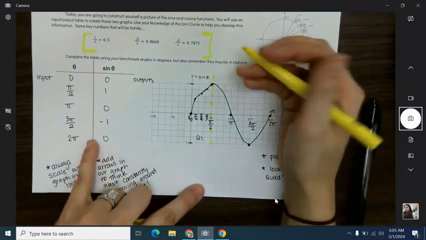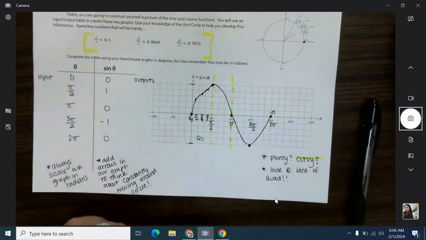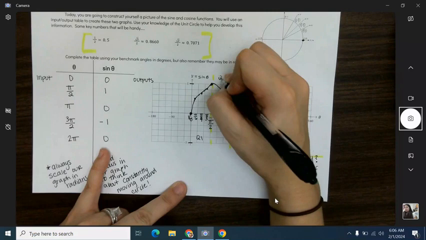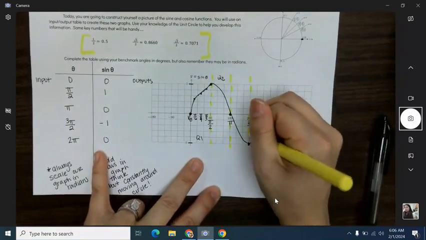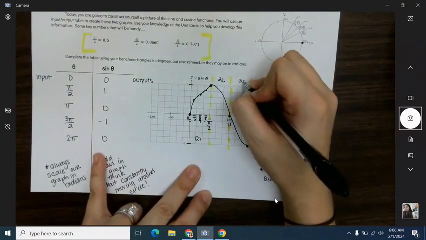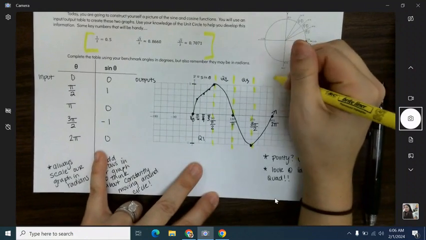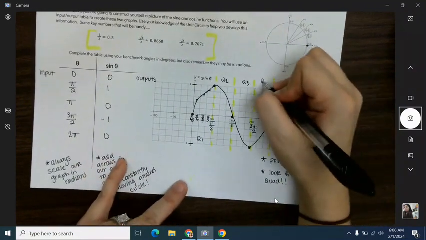And then here at pi, all of this information looks like quadrant 2. And then here at 3 pi over 2, all of that information comes from quadrant 3. And then here, when we get to 2 pi, all of this information looks like quadrant 4.